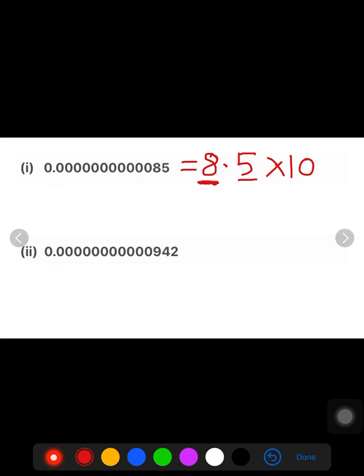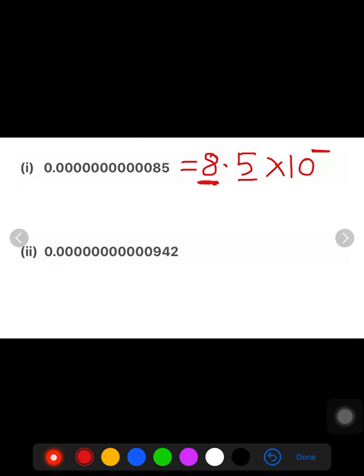This power is what we are supposed to find out here. It can be either positive or negative. Now if you see here, 0.0000 is a very small number. When you represent a small number in standard form, you will be using negative exponents. Or else you can use the other way also.